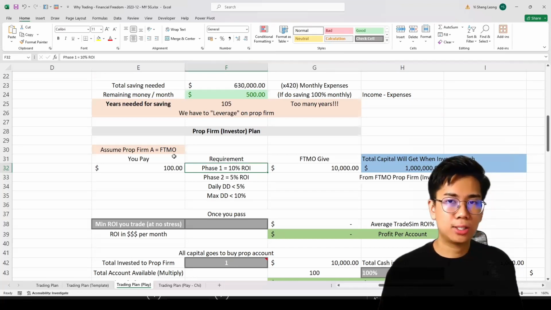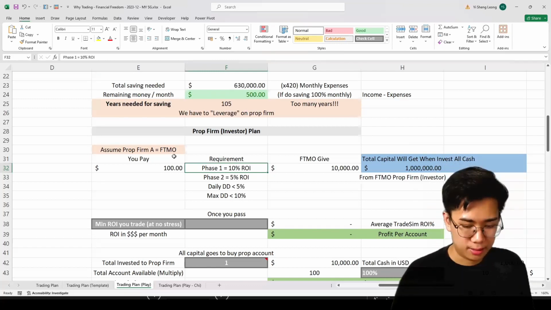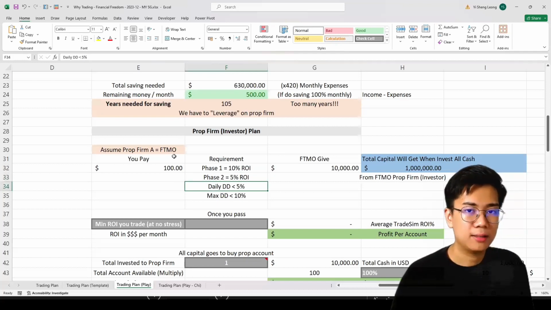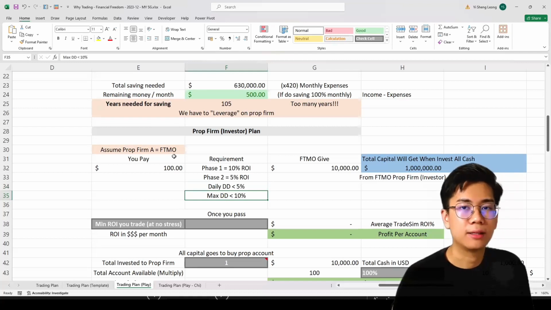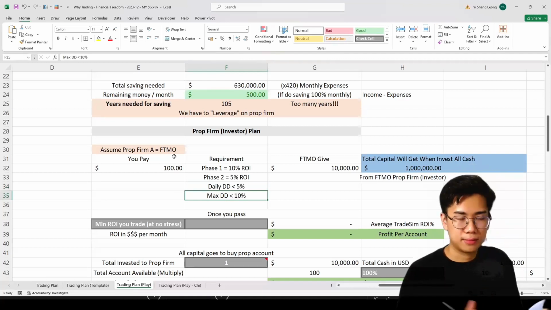On this account, you need to achieve month 1, 10% ROI. Month 2, 5% ROI. But when you trade, you cannot lose more than 5%, and the maximum loss cannot be more than 10%. And I give you 2 months of contract.